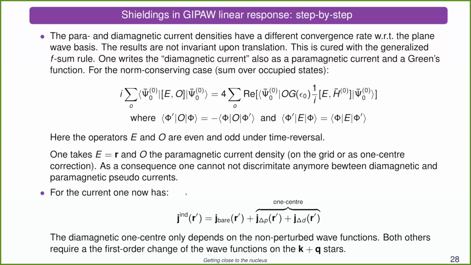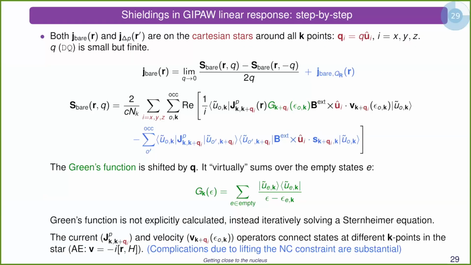Okay. So for the current, we have a plane wave contribution and we have these one-center corrections to it, in every PAW sphere. And now it gets even more complicated. This is too much, so we should not discuss all of that. The real point is the Cartesian stars, which we already talked about, of the q points, the q displacements, get onto all the k points in the formula.